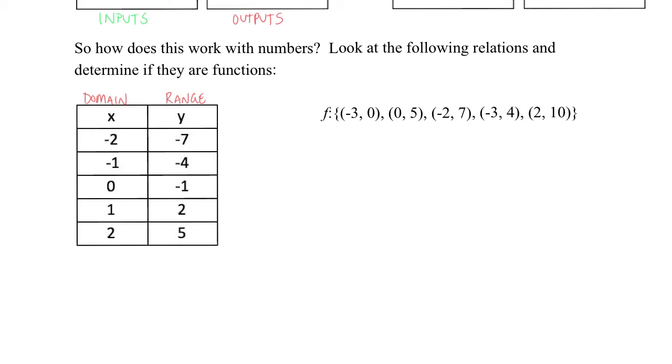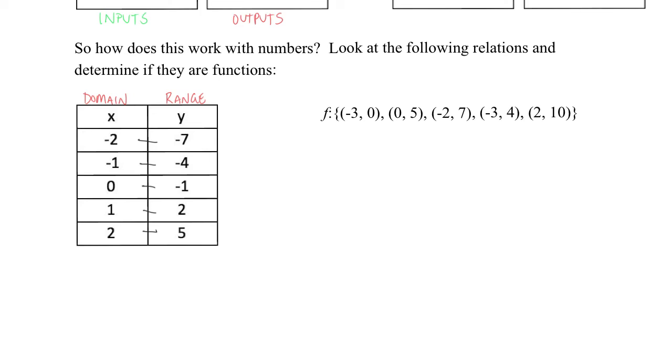In a table of values, everything gets mapped straight across. -2 goes with -7, -1 goes with -4, etc. I don't see any x values that are repeated. So in this case, every single element in the domain maps to one and only one element of the range. So this is a function.